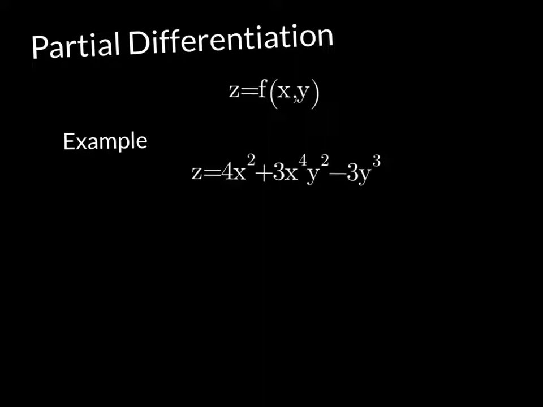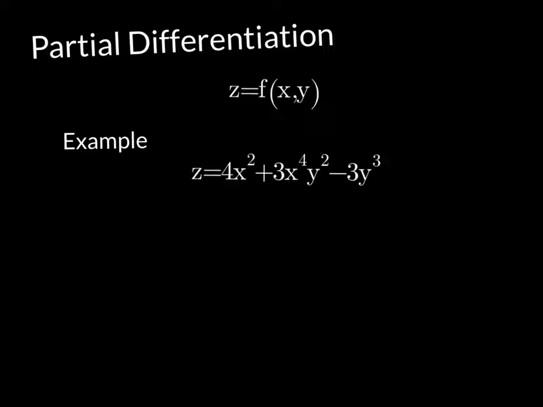So x and y are two separate variables, and so we can partially differentiate z with respect to one of these variables. To see what I mean here, let's take a look at an example where we have z is equal to 4x squared plus 3x to the power of 4 times y squared minus 3y cubed.